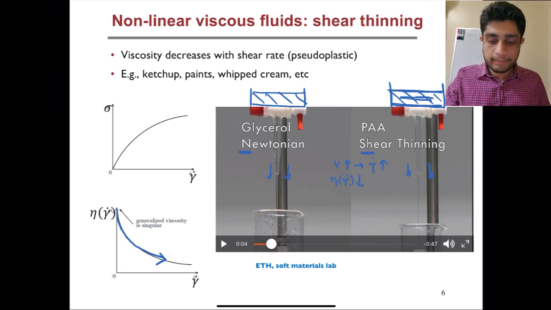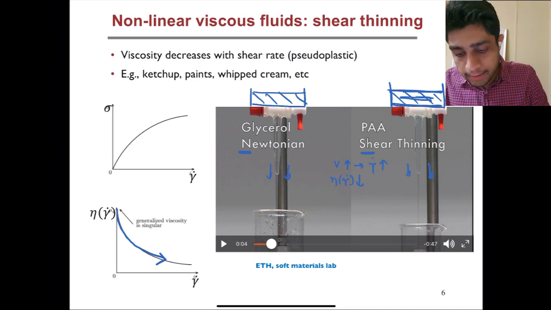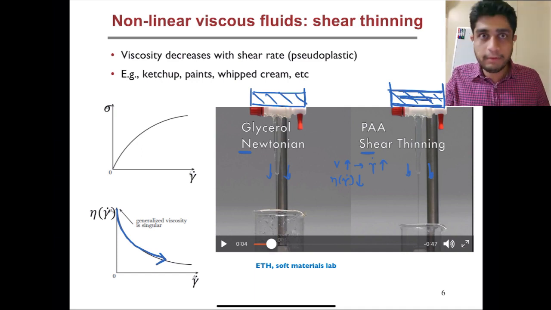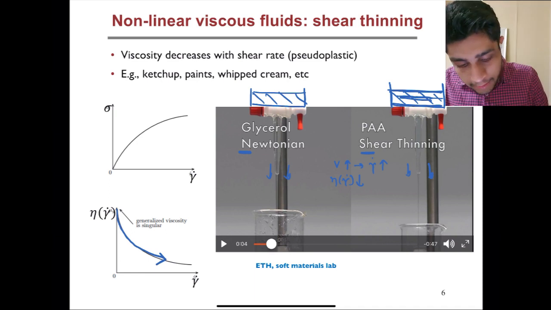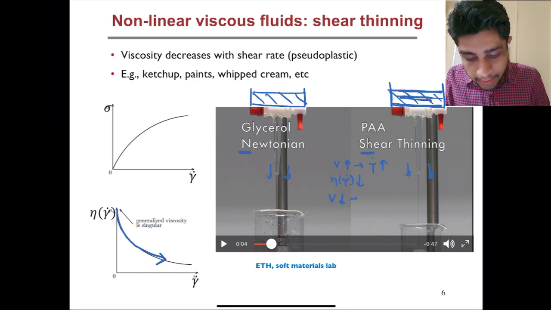So initially the viscosity of the shear thinning fluid which is coming out is very low, and it flows very fast, and as a result this tank depletes very fast. But as the tank depletes, the flow of the fluid decelerates. So if the flow decelerates, that means its velocity is reducing and the rate of deformation is also reducing.